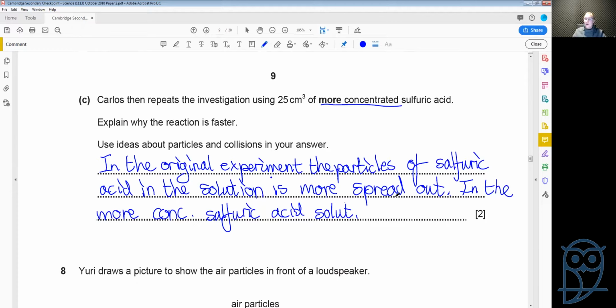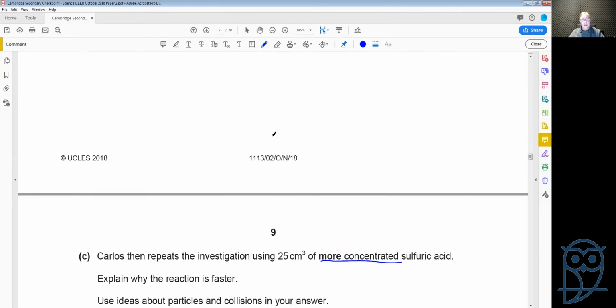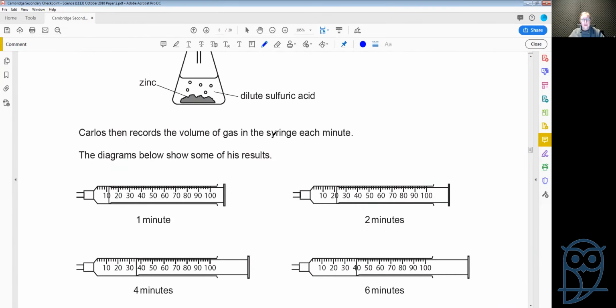So there are more particles that are closer together, so they will collide much more with the zinc. It is zinc.